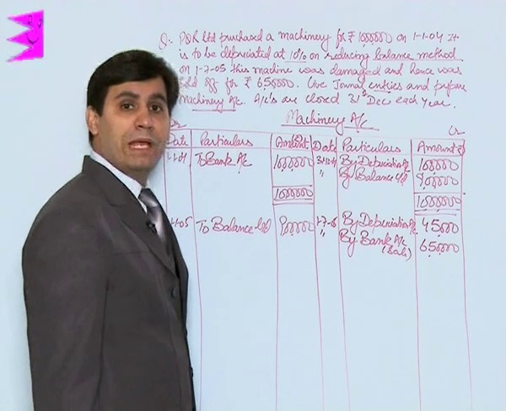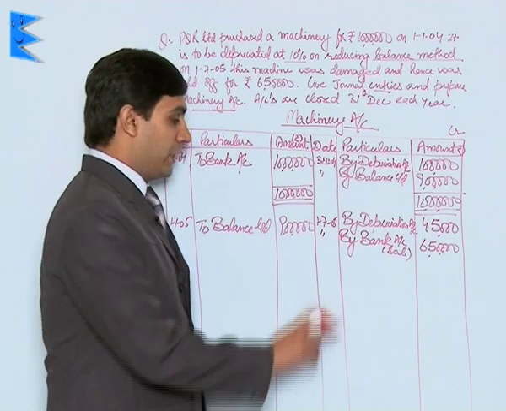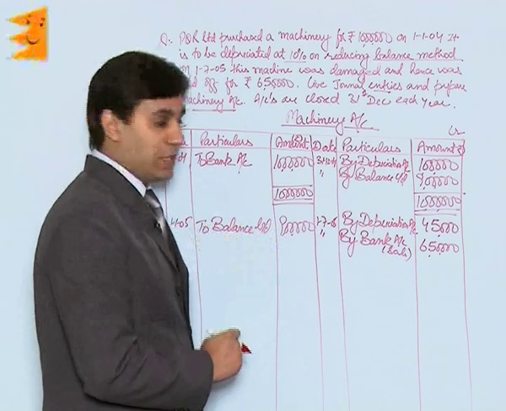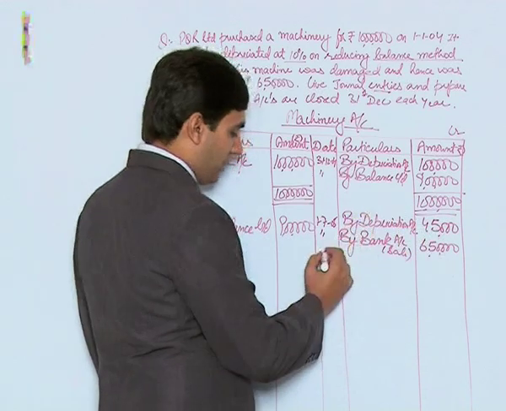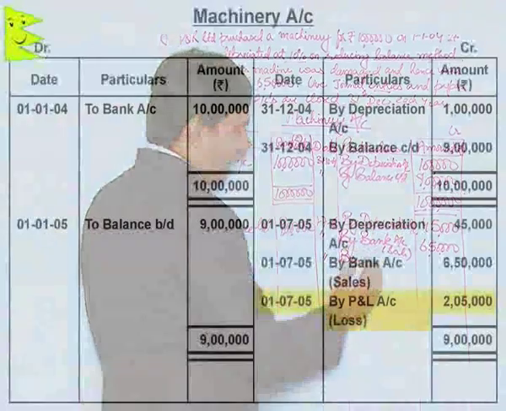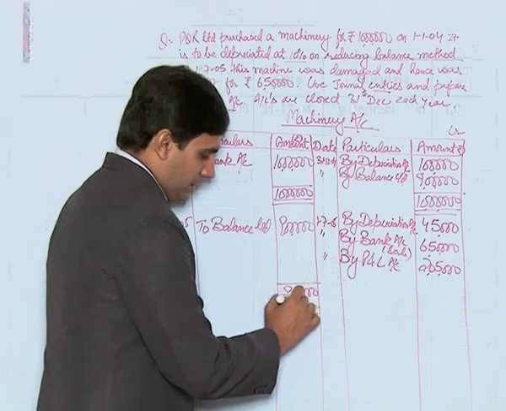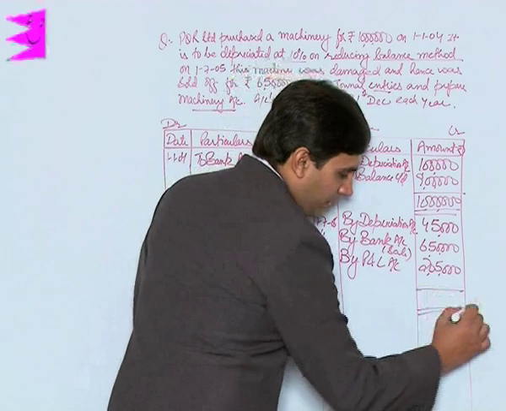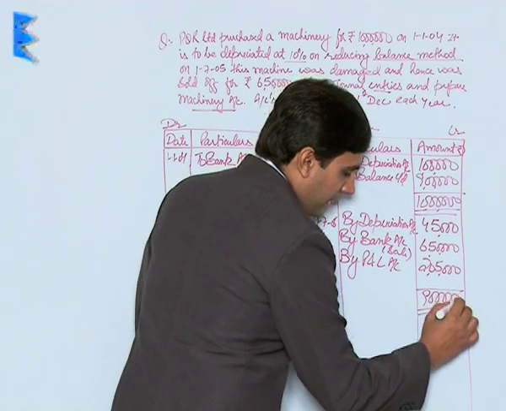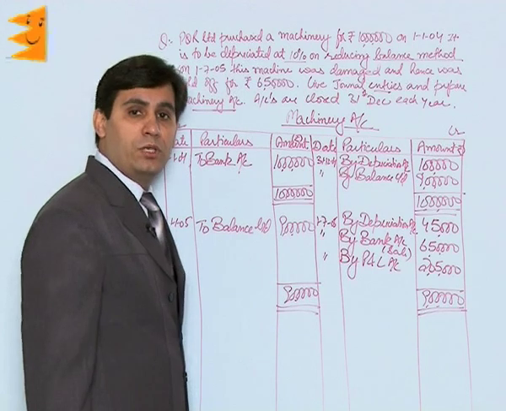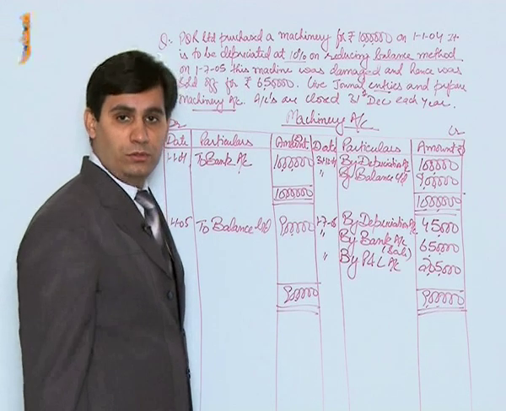That means the book value on the date of the sale is 8 lakh 55,000 and it was sold for 6 lakh 50,000. So by P&L account, the loss comes to rupees 2 lakh 5,000. Totaling both the debit and the credit side, it is 9 lakh on both the sides, and since there was only one machine which has now been sold, there is no balance to be carried down to next year.